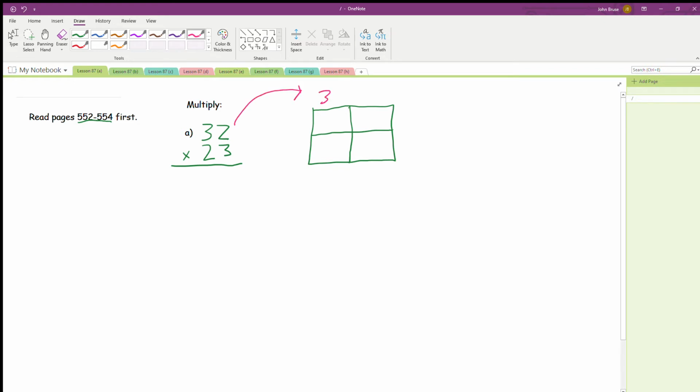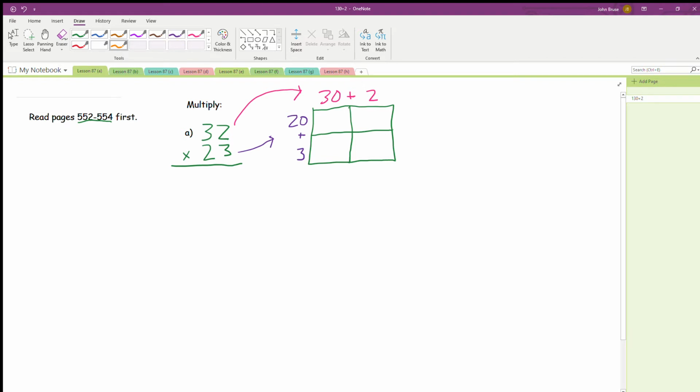So we've got 30 plus 2. And we're going to take 23 and turn it into expanded form on the side. 20 plus 3.